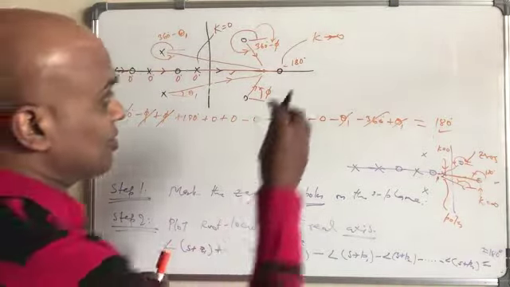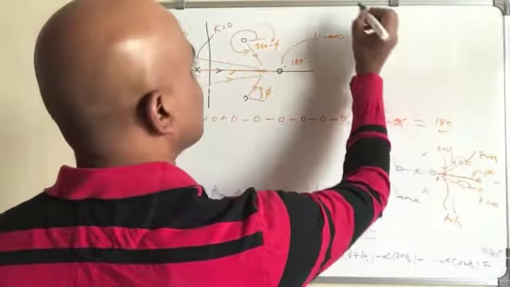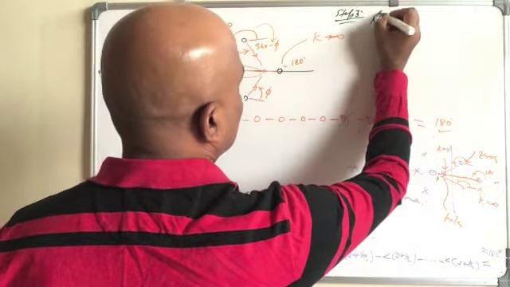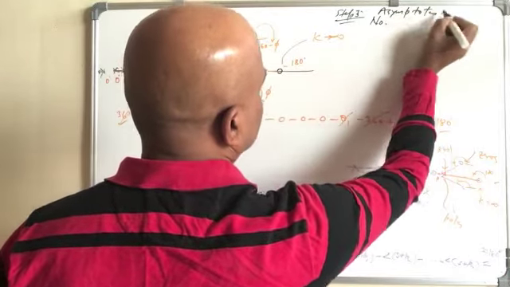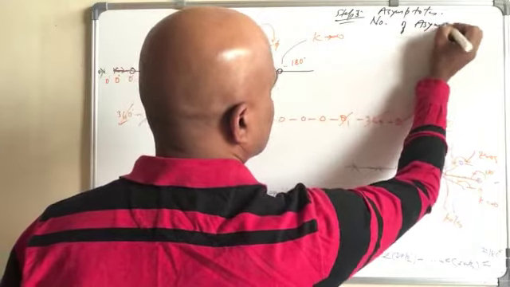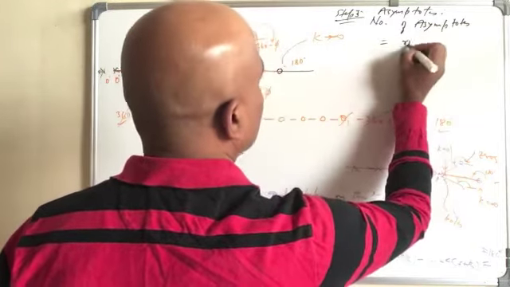The total number of asymptotes you can also find out. So step 3 will be to find the asymptotes. The number of asymptotes will be equal to n minus m.